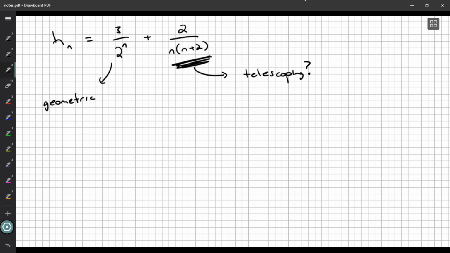We start with n equal to 1, so the first term is 3 over 2 to the 1, so 3 halves. And then we can see that our r is going to be 1 over 2. You multiply by a half each time to get the next term. So this part, treated on its own, would converge. I wonder if we can get a telescoping sequence over here.